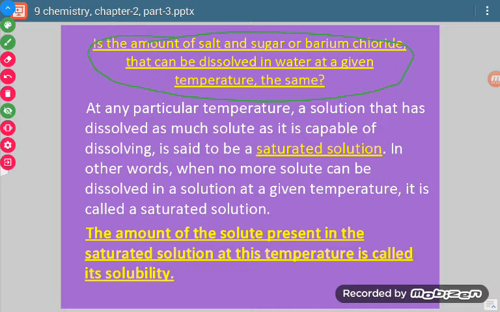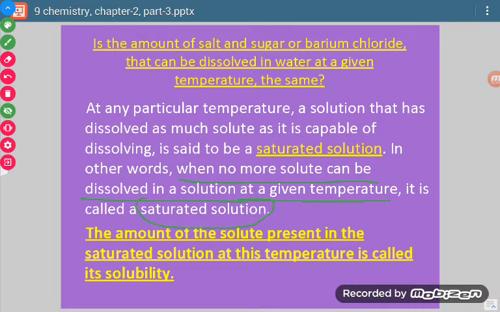Now, at any particular temperature, a solution that has dissolved as much solute as it is capable of dissolving is called a saturated solution. So it means that if we are not able to dissolve any further solute in a solution at a particular temperature, then we say that this solution has become a saturated solution.